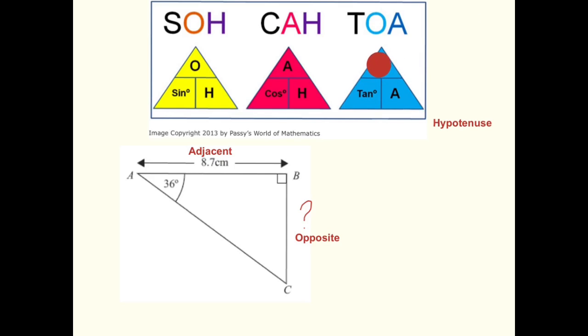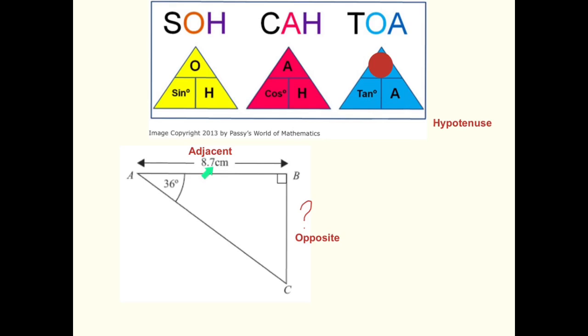So I'm going to cover up the opposite. And now this is telling me that I have to do tan. All right, and you see that little angle sign there? Tan is connected to the angle, so I'm going to be using 36. So tan 36. I'm going to times it by the adjacent. Okay, if you're looking across, you're timesing, and if you're looking up and down, you're dividing. So I'm going to times that. So let's just have a look.